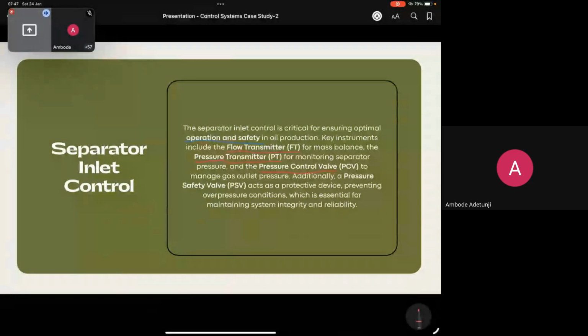If the pressure increases, then there is an action. There has to be a control valve that takes action to manage gas outlet pressure. Additionally, there is what we call a PSV, pressure safety valve, that acts as a protective device, preventing overpressure conditions, which is essential for maintaining system integrity and reliability.